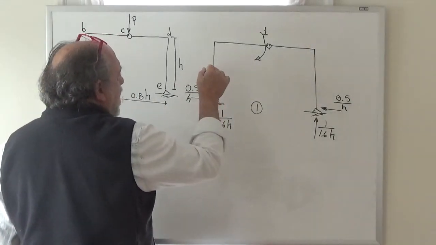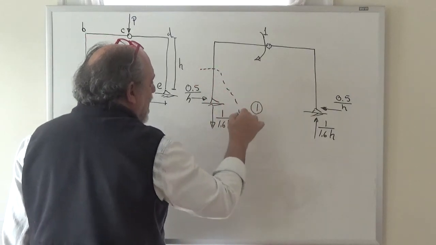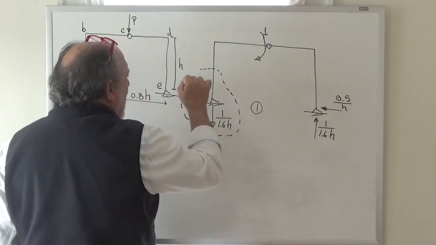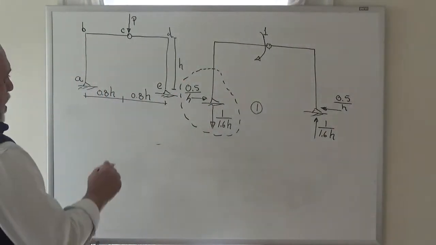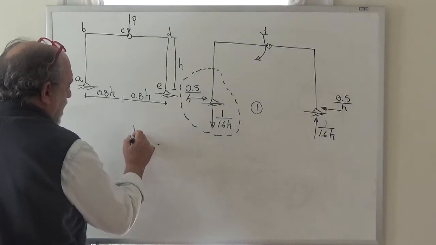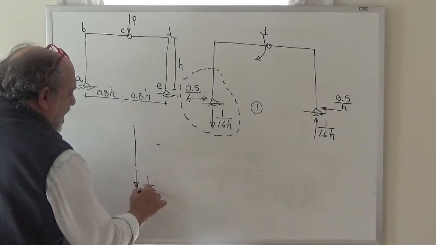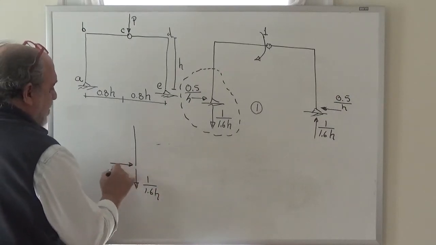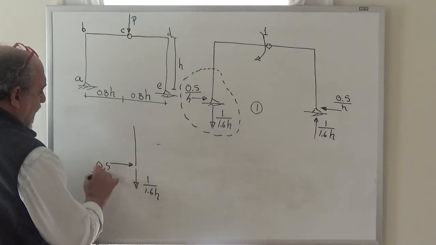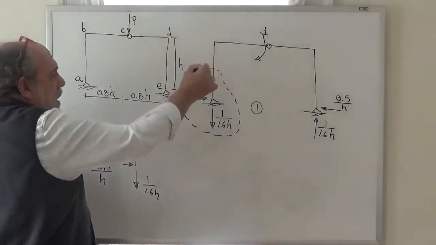So my first free body diagram, which I will erase after, is that bubble. So from that bubble we have a bar here like this. We have 1 divided by 1.6 H, and we have 0.5 over H, and we just took a cut through there, right?